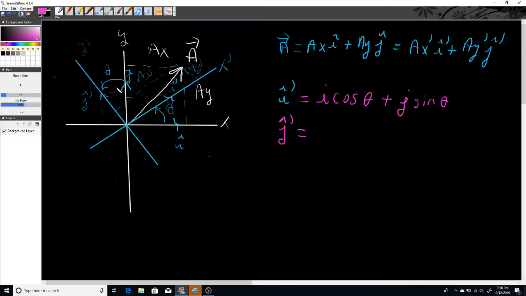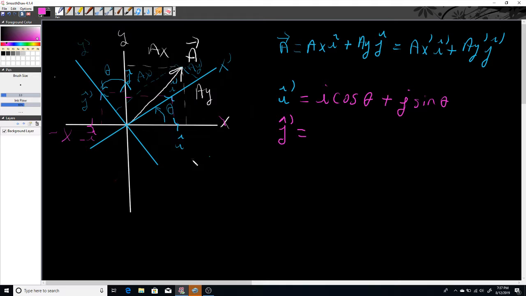You can see that because along this negative x-axis, you'd have negative i running along it, kind of like how i is running along the positive x-axis. So this is negative i. I should make this x a little bit more clear. Okay, so negative i is running along here, and that's theta.